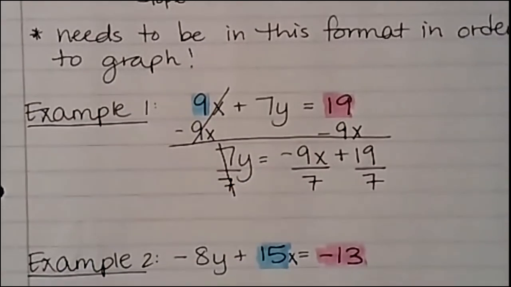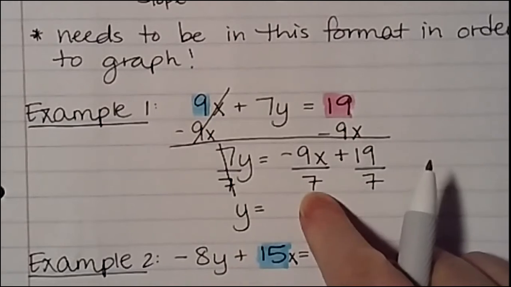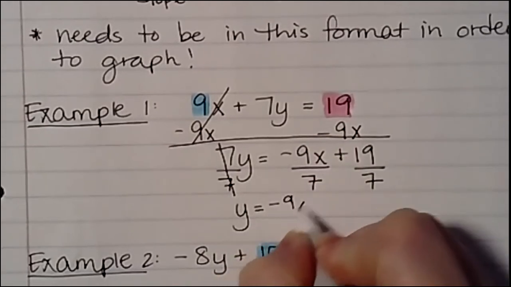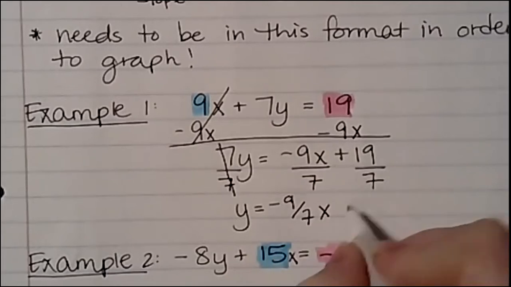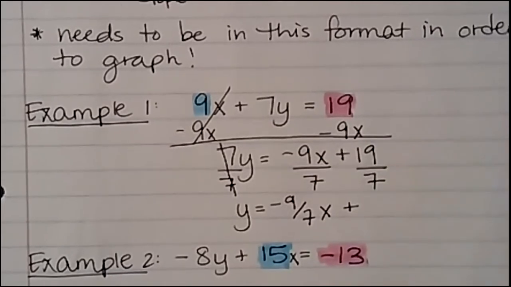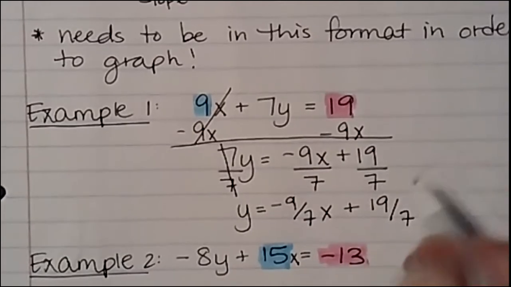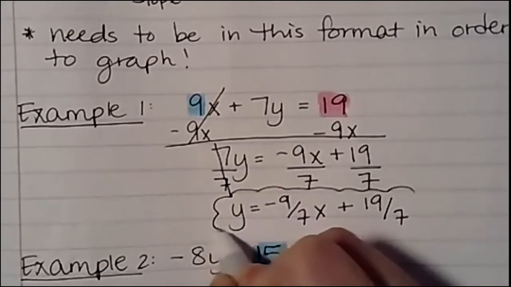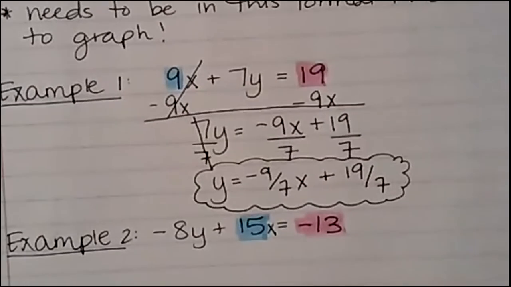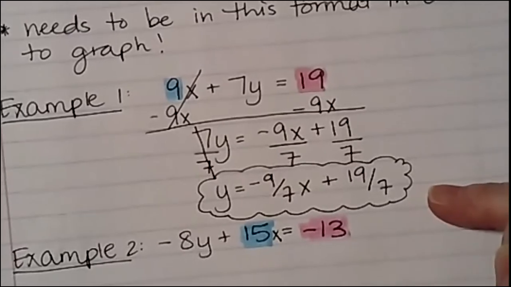Finally, I write y equals, now since 7 doesn't go into -9, it stays as a fraction, -9 over 7x plus, and you have an option: you can create a decimal here, or you can leave it as a fraction. It'll just be 19 over 7. And this right here is your slope-intercept form. You took this and converted it to this, and because it's in this format, it's now graphable.